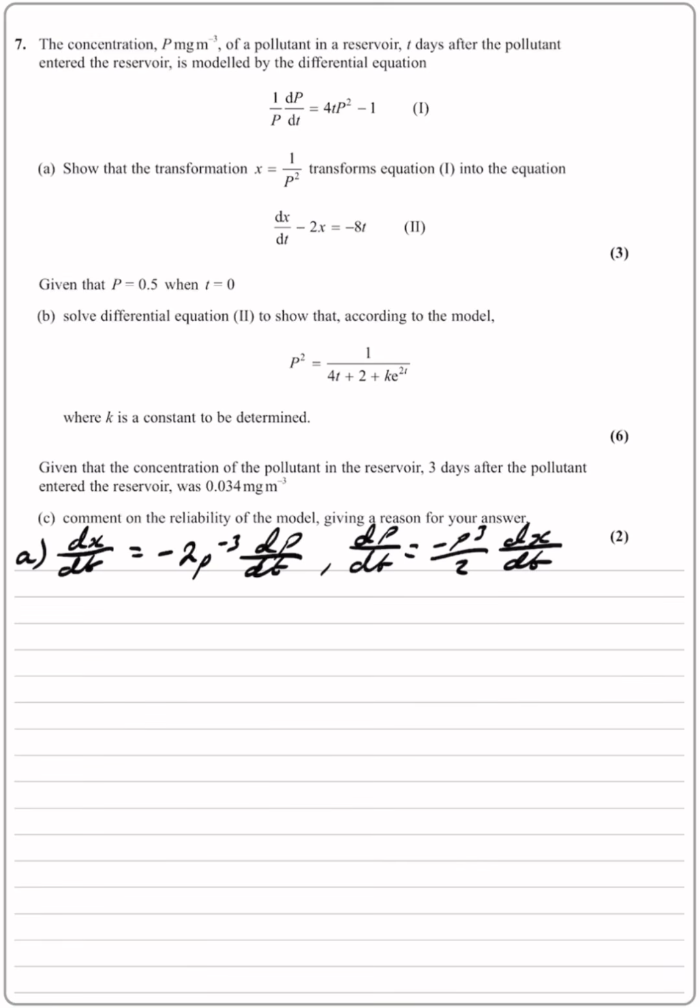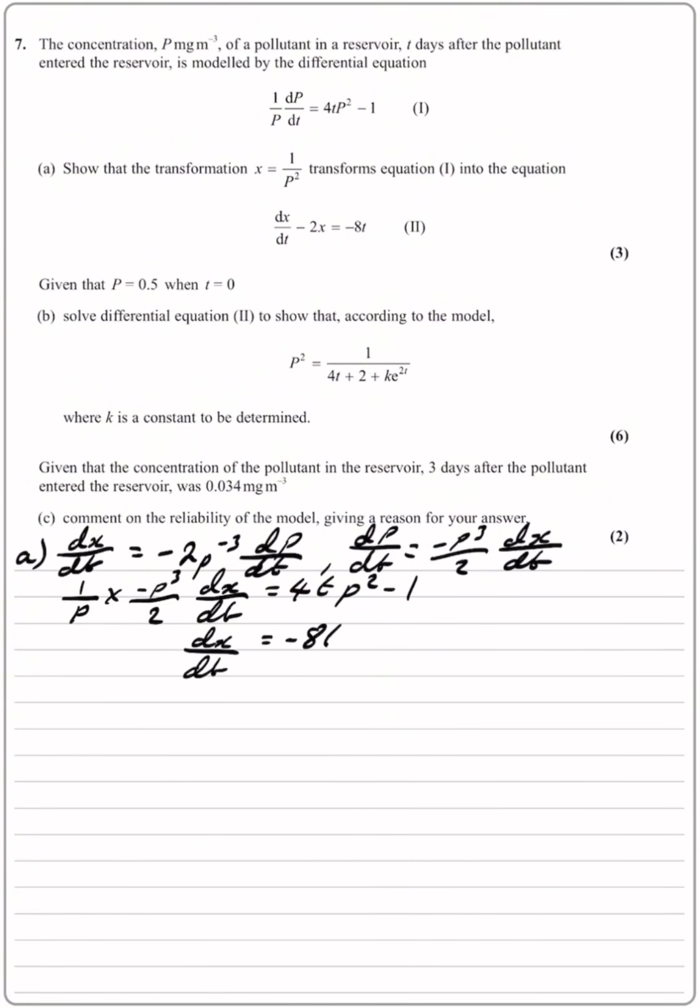Then I can substitute that into the given equation, so replacing dp by dt with minus p cubed over 2 lots of dx by dt. That will be equal to 40 lots of, should be a capital P there, apologies, because I've spotted it, and then subtract 1 at the end.